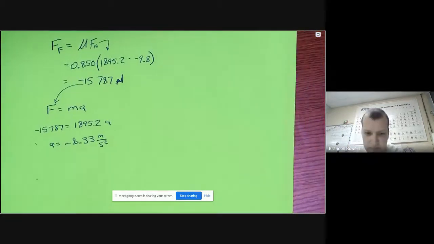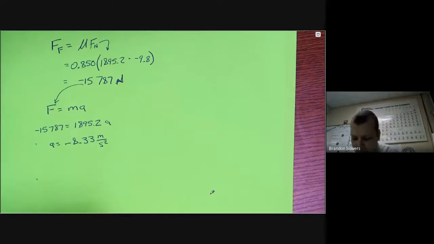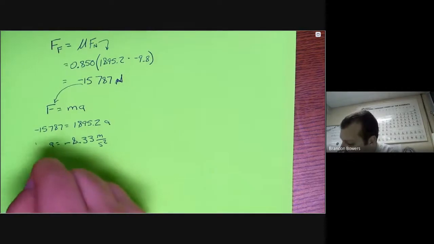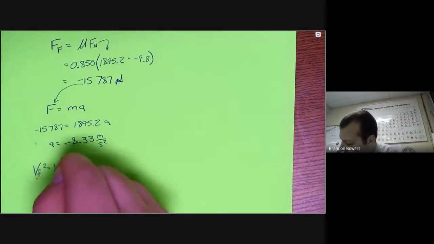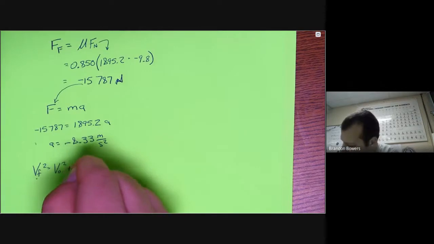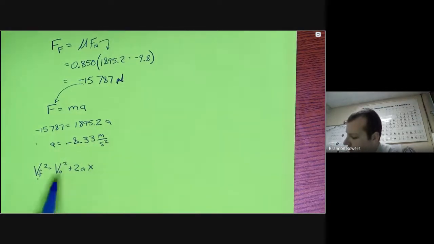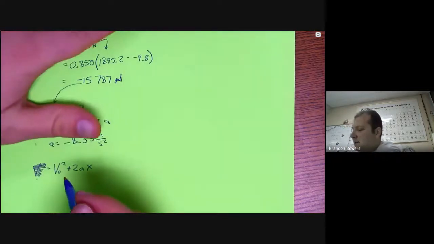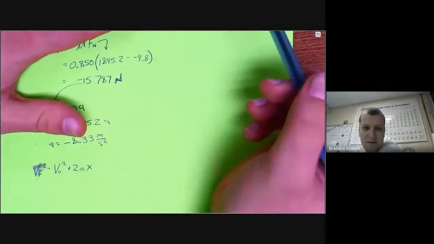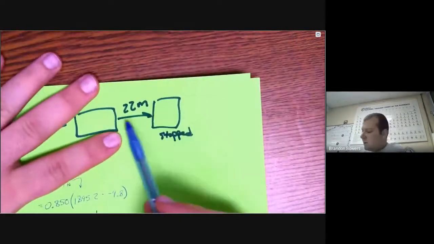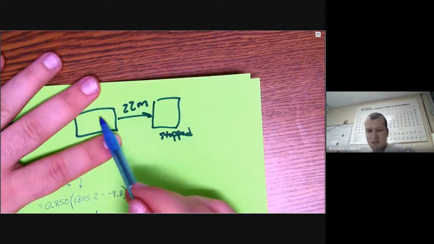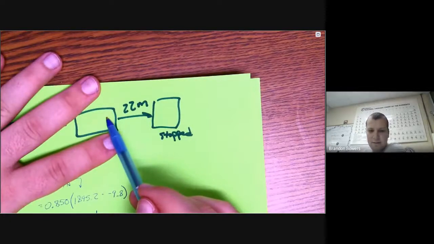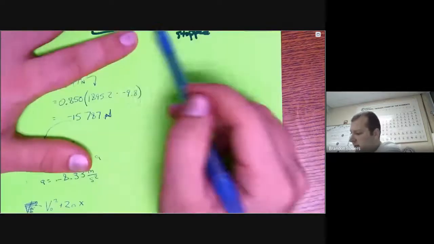From there, hopefully you guys knew that the skid mark was 22 meters and you realized velocity final squared equals velocity initial squared plus 2ax. Well, velocity final squared is just 0 because based on the minivan, this is after the collision. After the collision, this is what we're focused on. How fast did it initially move after the collision? Right?